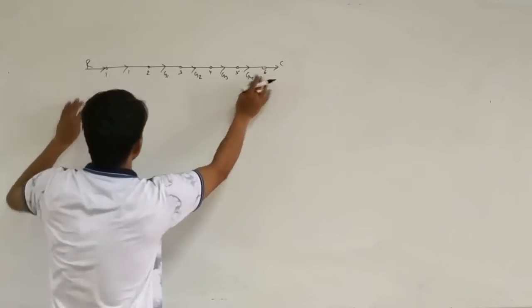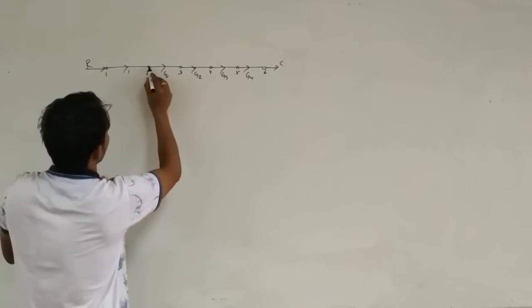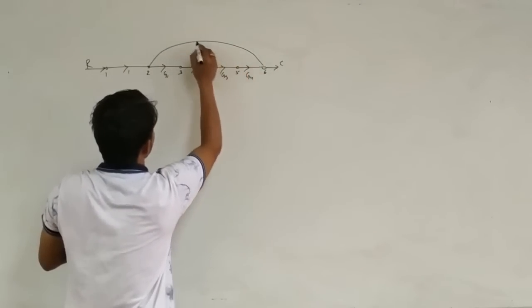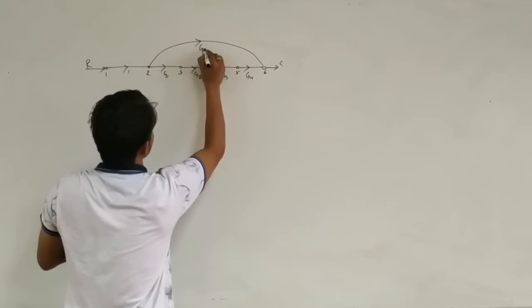This is R, this is C. Suppose this is G5.